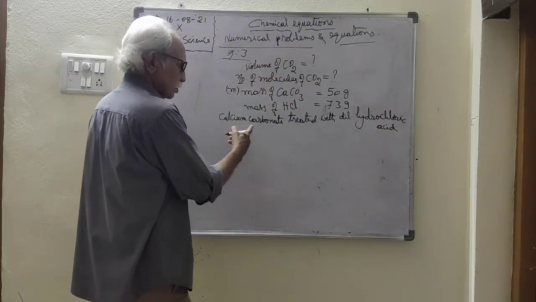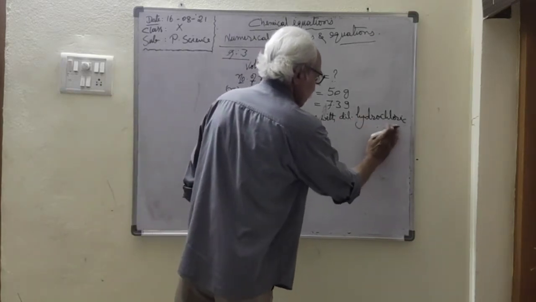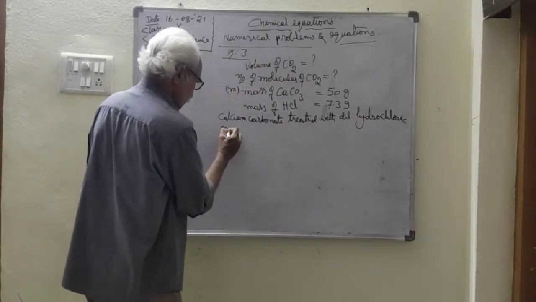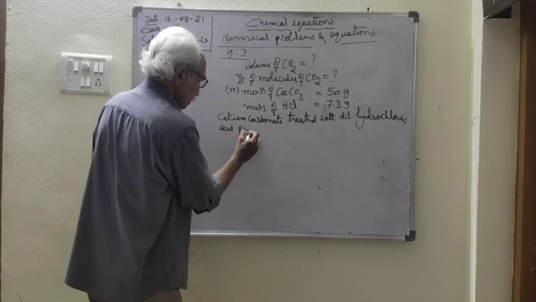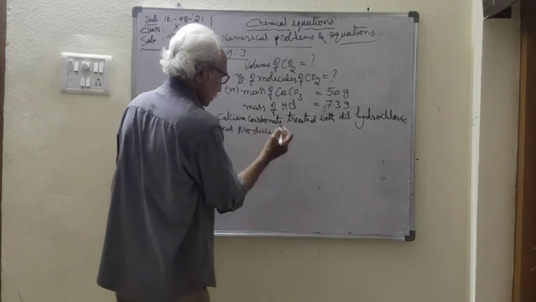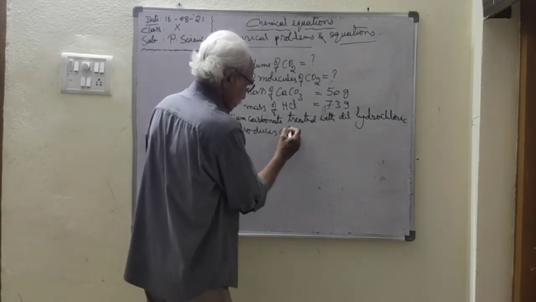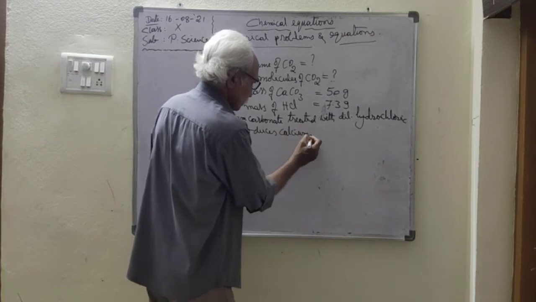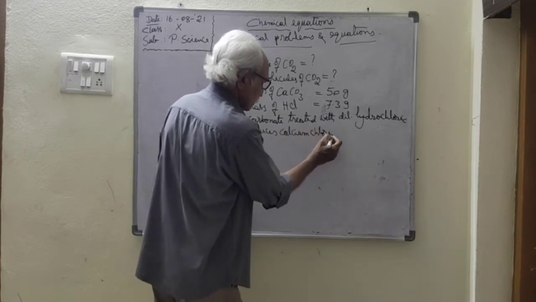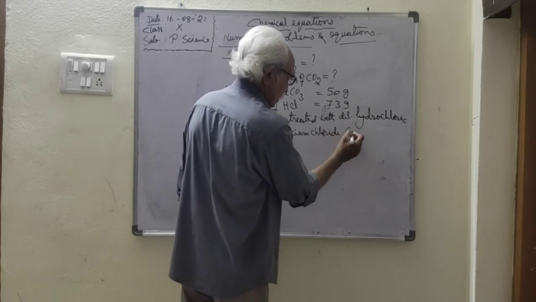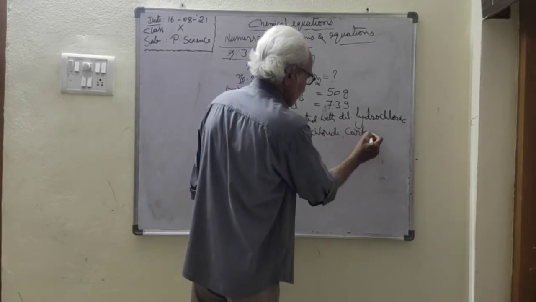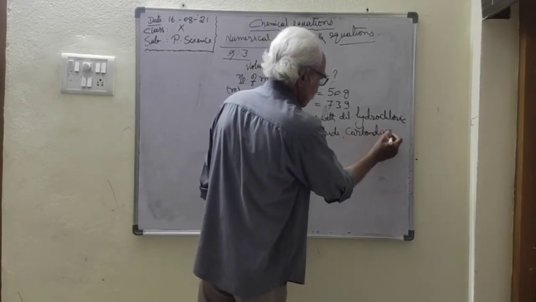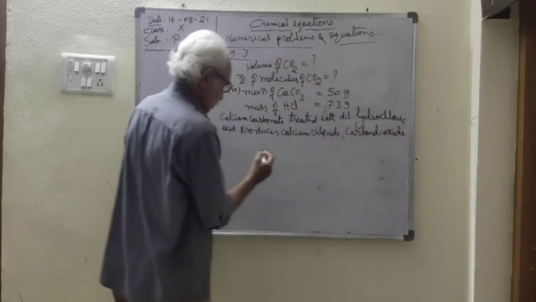So, when calcium carbonate is treated with hydrochloric acid, it produces calcium chloride, carbon dioxide and water.